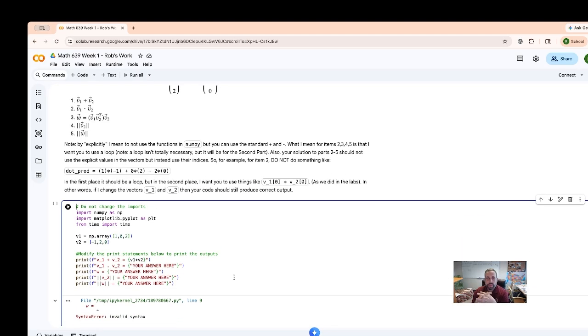Now, the reason I'm using Python notebooks for something like this, well, there's two main reasons. One is it's very good for telling the story, which is what we're going to be doing. In the midterm, there's going to be a narrative that's happening.